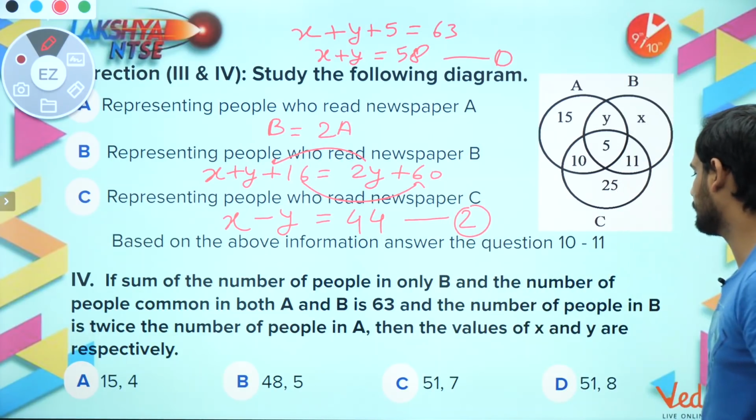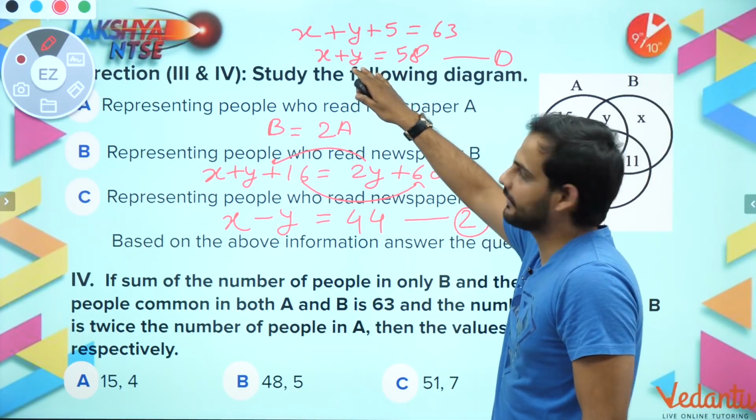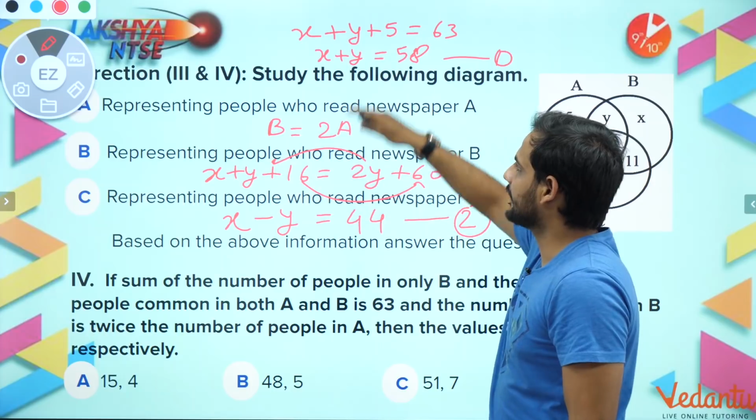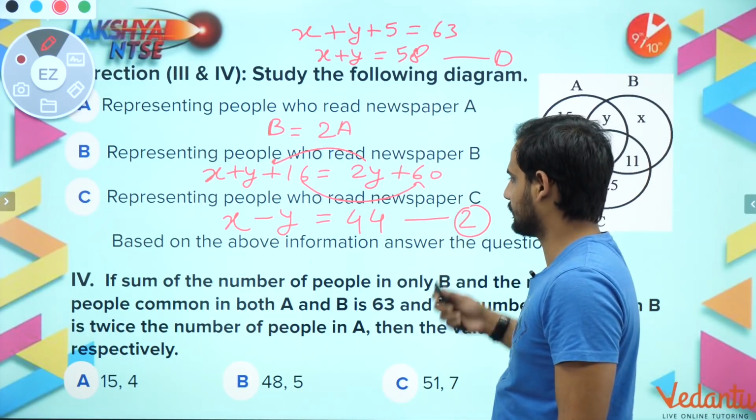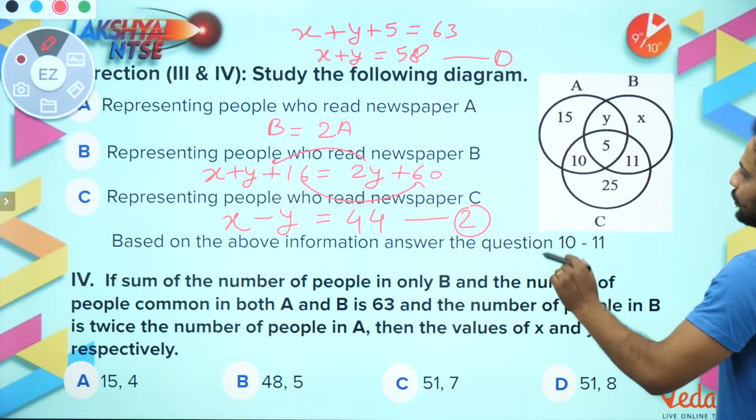Now what they are asking, then the values of X and Y are. So bachcho, to find out the value of X and Y, linear equation, two variables, add both the things. If I add both the equations, what will happen?